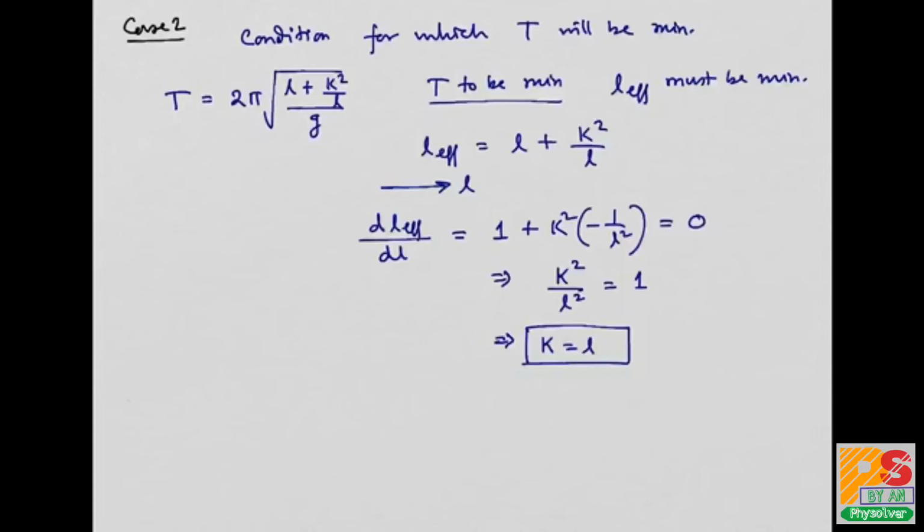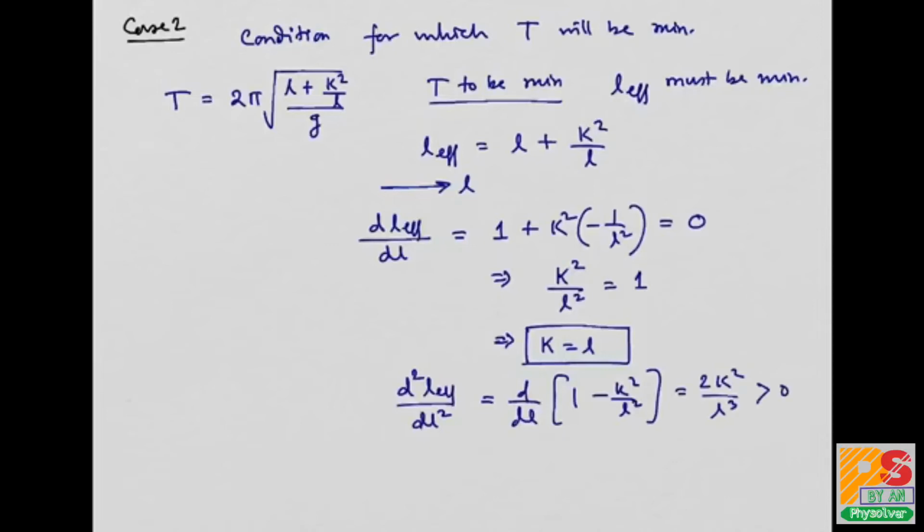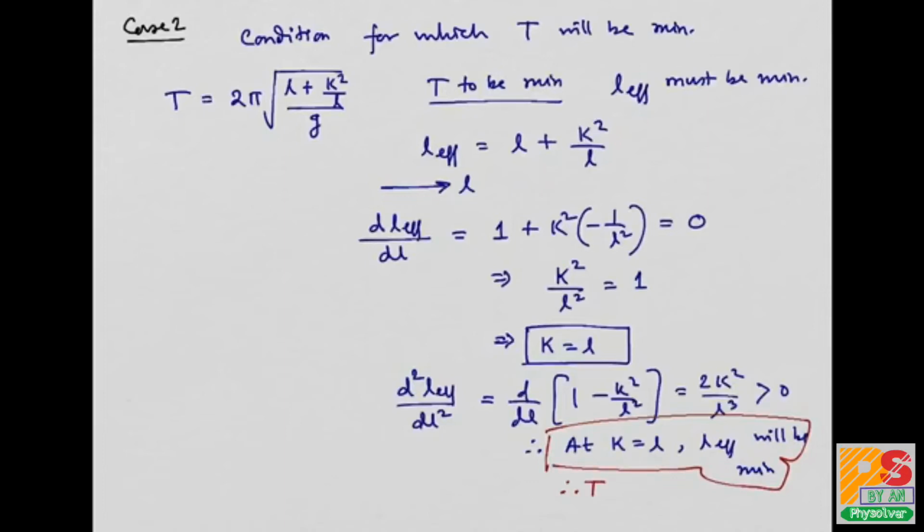You can always take the double derivative, d square L effective by dL square, which will be 2 K square by L cube, which is positive. Therefore, at K equals L, I can say the L effective will be minimum, so T will also be minimum, right student?